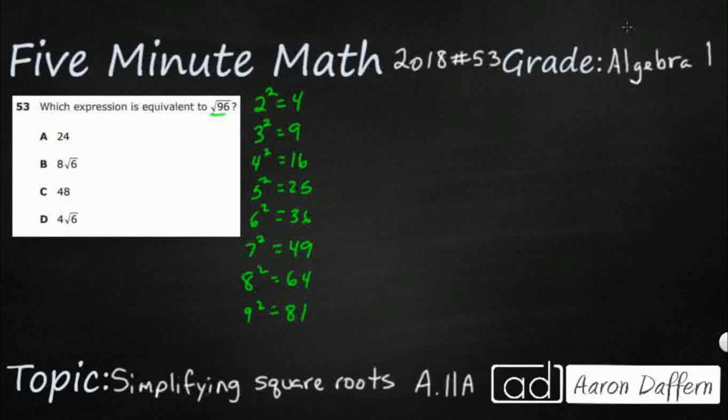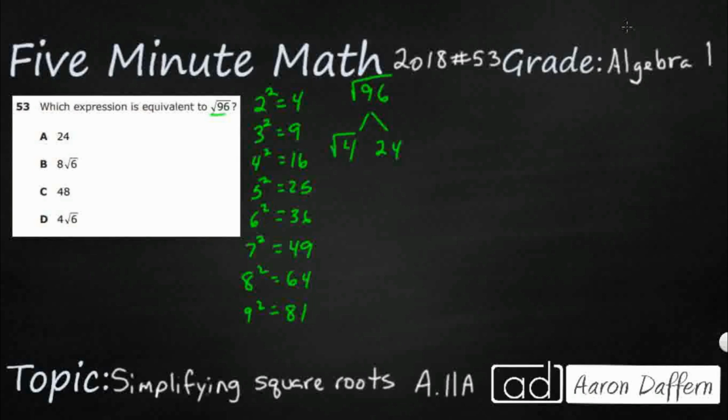We divide that by 4. So we can start with that. Take a look at this. 96 can be divided by 4 and 24. Now it's not just 96, it's the square root of 96.